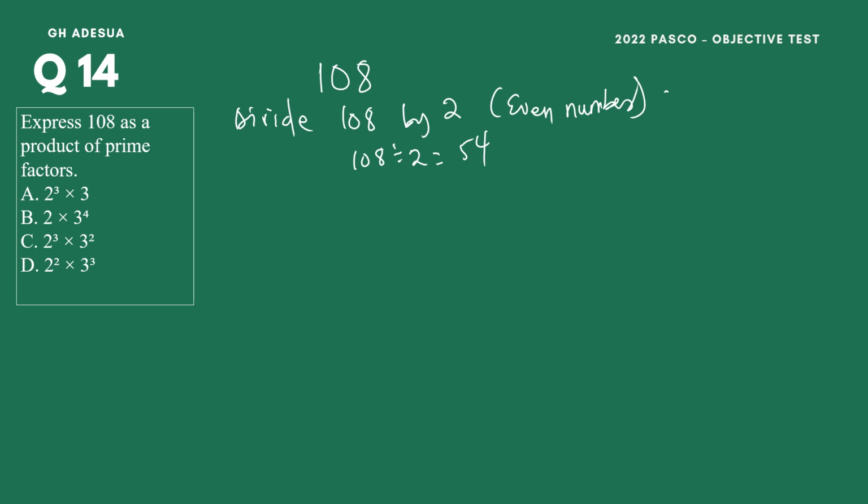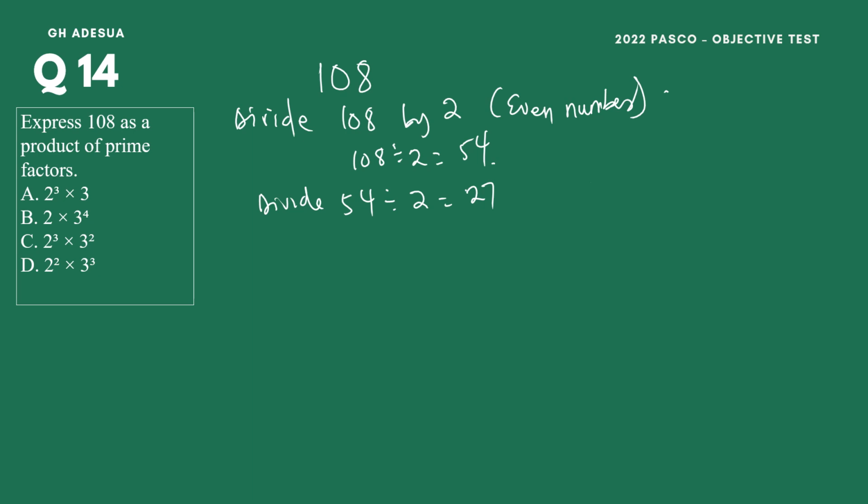Now the second step is to further divide this 54 by 2, since it's also an even number. And the result is going to be 27.